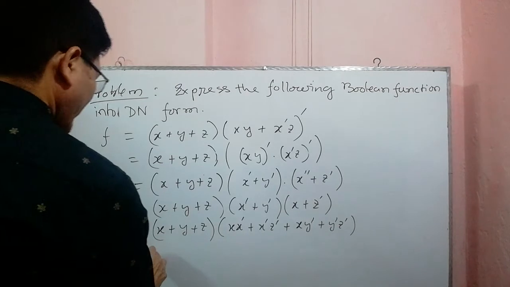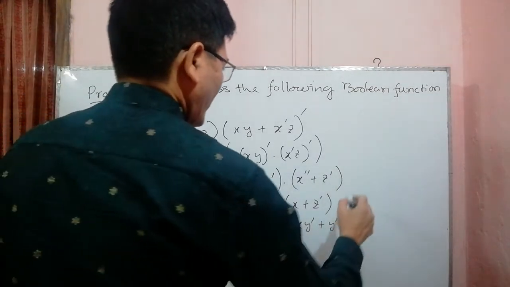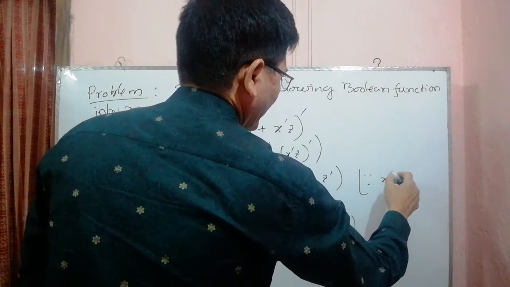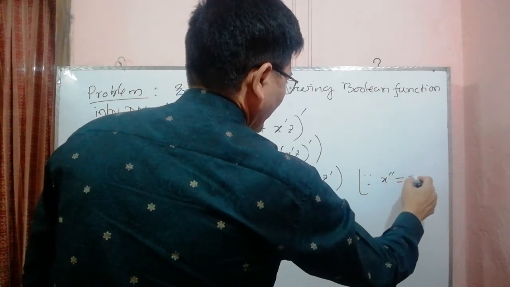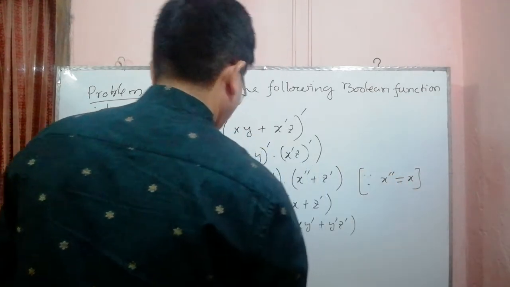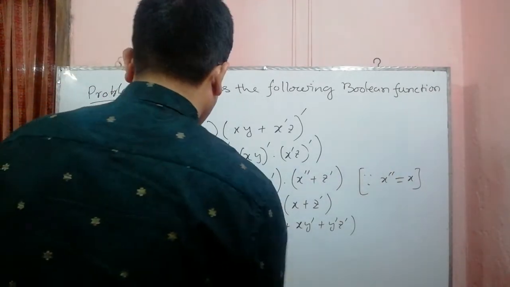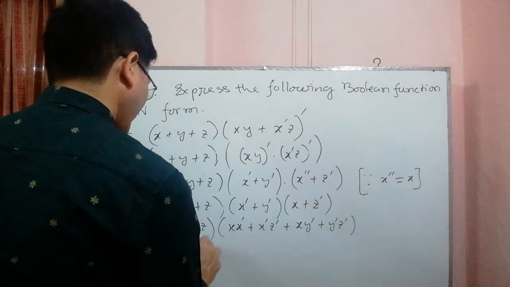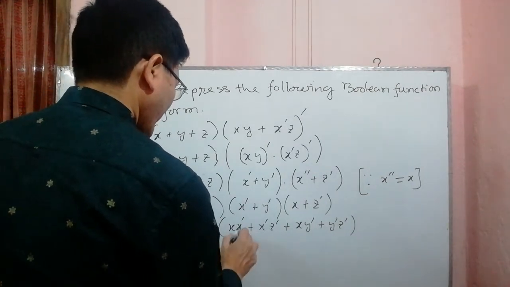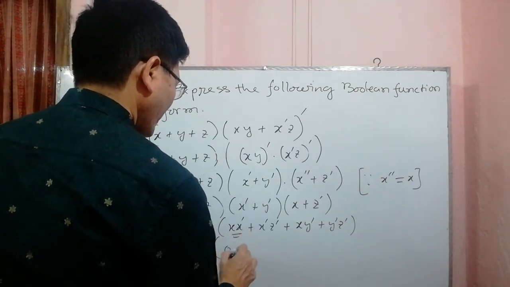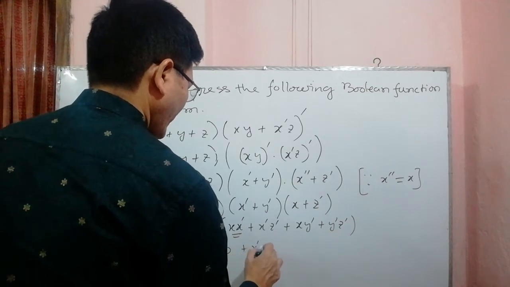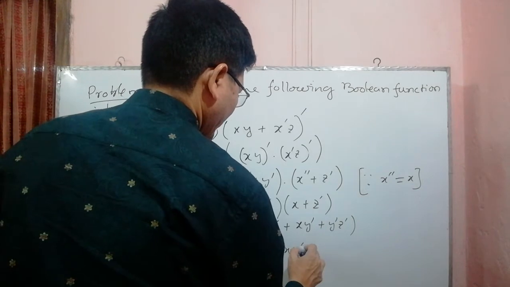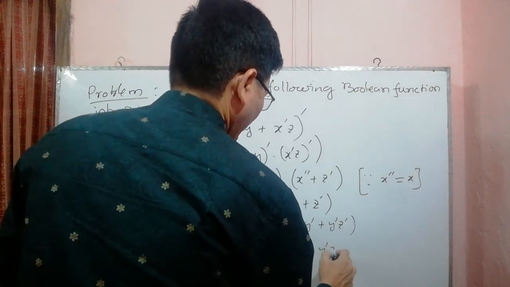Here we can give a reference: x double prime means x only, and again x plus y plus z. This will produce 0, x prime z prime, x y prime, y prime z prime.